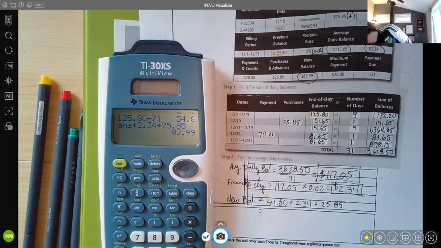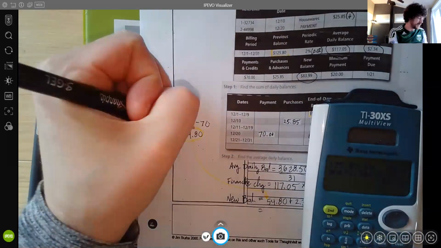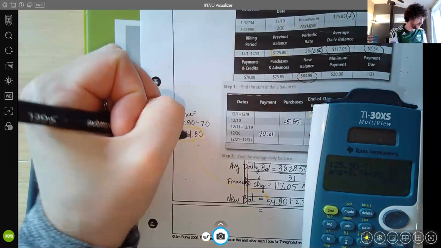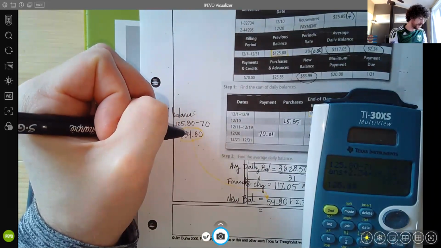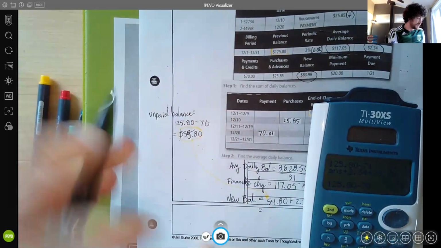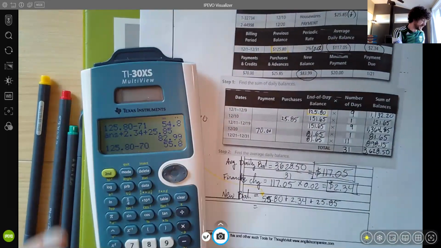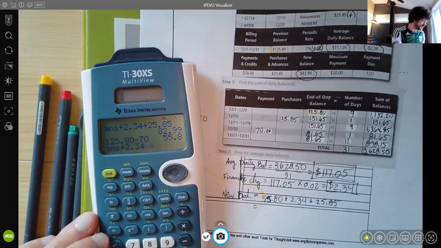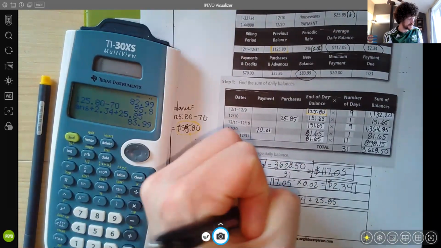Hang on just a second here. Oh, I subtracted 71 instead of 70. So it's 55.80, sorry about that. Let me get these errors cleaned up. 55.80, apologize again, plus 2.34 plus 25.85 is 83.99.